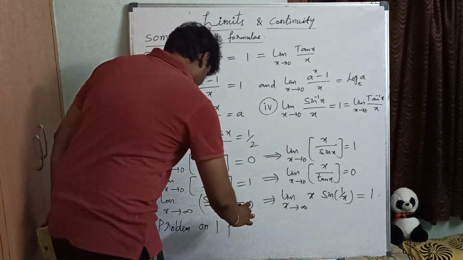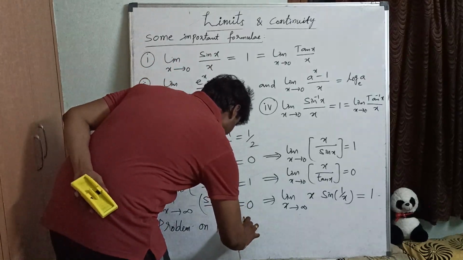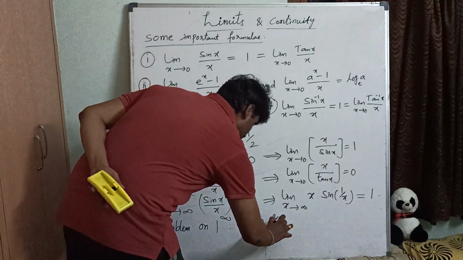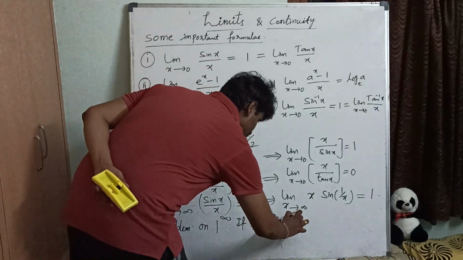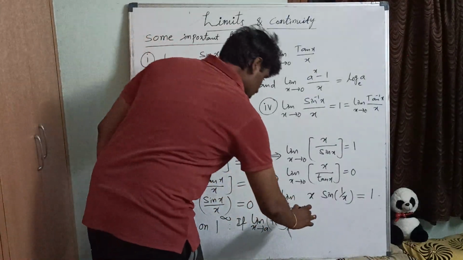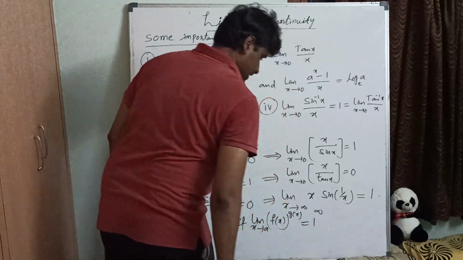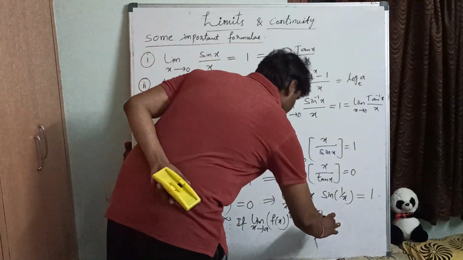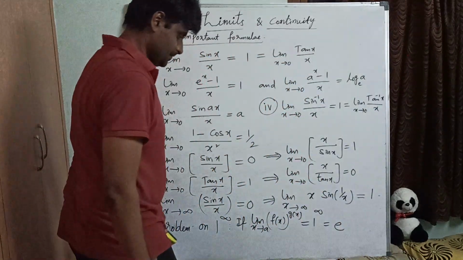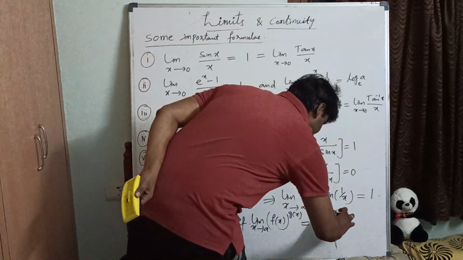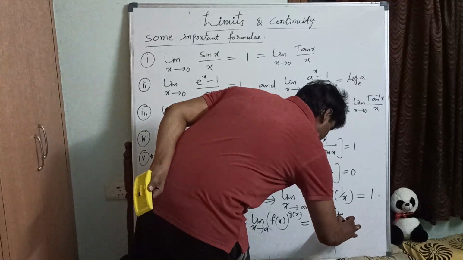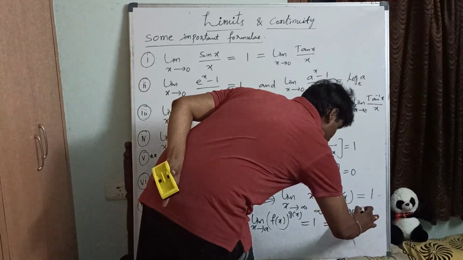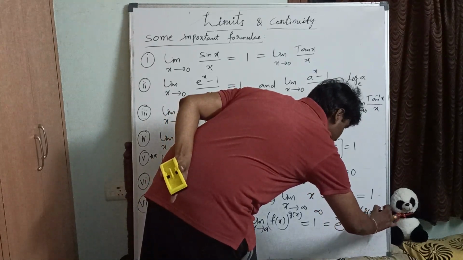Now see here, whenever limit x tends to a, f of x power g of x, gives you the form 1 power infinity, then that result we can write as e power limit x tends to a, and what is the power there? g of x into f of x minus 1.